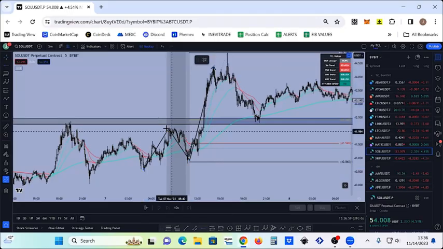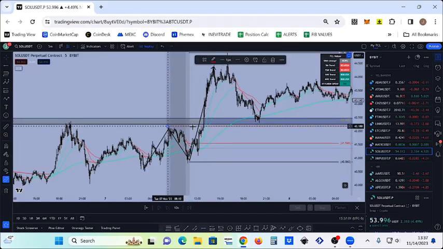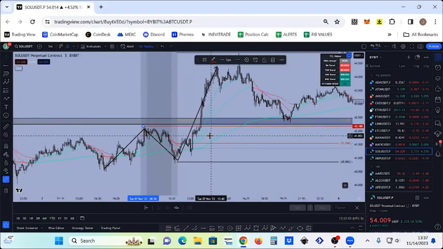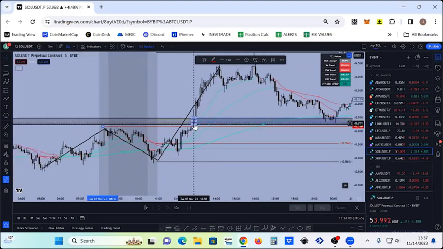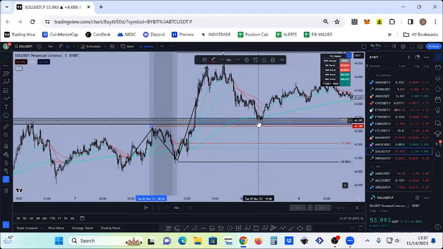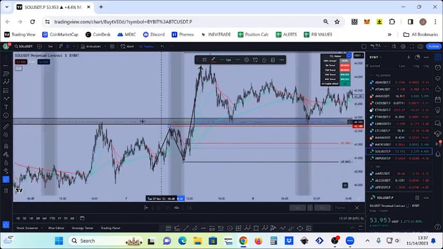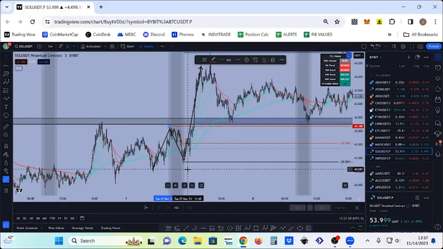So if we put a line here at this point and it breaks the structure, the candle that breaks the structure is the one with the fair value gap. And it's also the one that it retraced into. These are the most valid fair value gaps. The ones that break structure and the ones that also line up with support and resistance to the left, increasing the win rate significantly, you know.